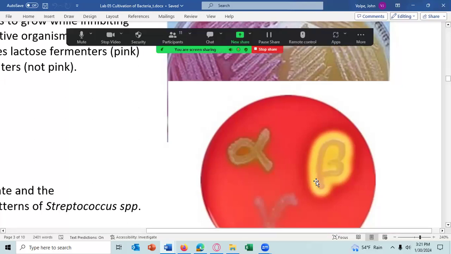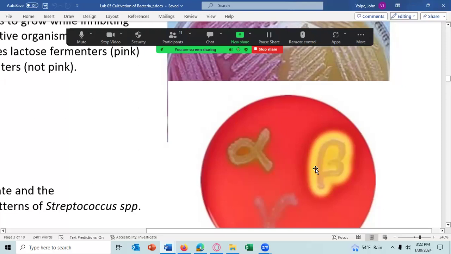If you were to hold this up to a light or to the clock, whatever, you can see right through here where there's beta hemolysis of the red blood cells. You can't see where the bacteria is or where there's blood, but you can see where there's beta hemolytic activity.